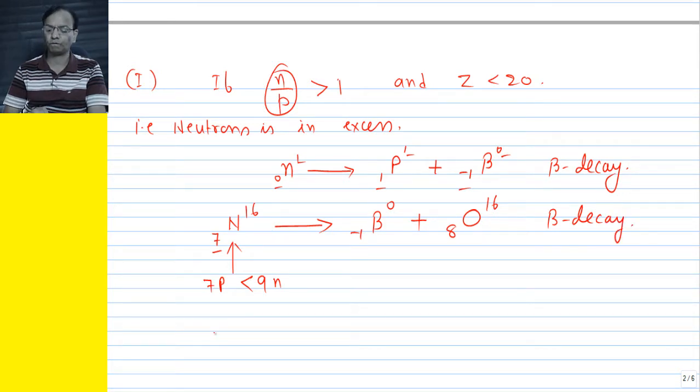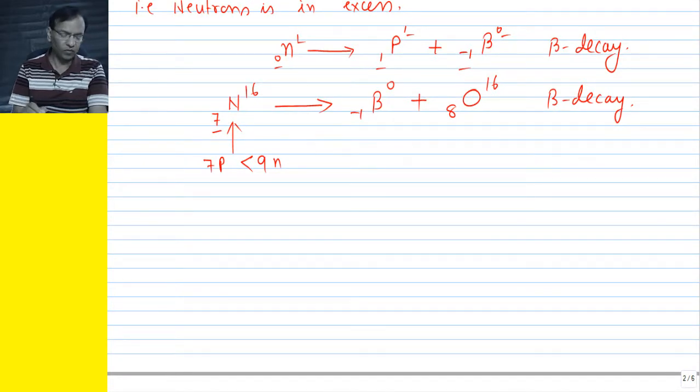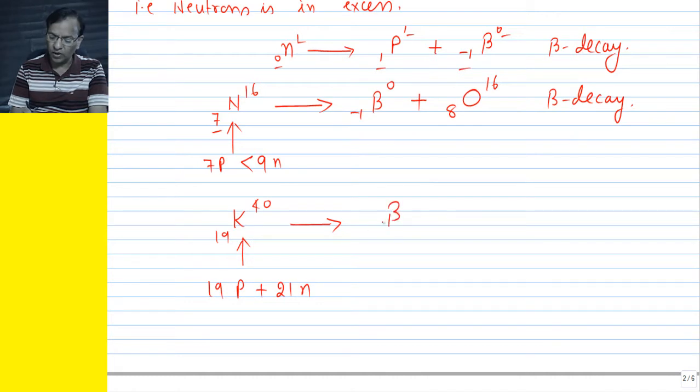One more case we can take is the decay of potassium 40. Here again we have 19 protons but 21 neutrons. Neutrons are more than protons, so it will decay by beta emission, and minus 1 plus 20 gives 19, so calcium will be produced.